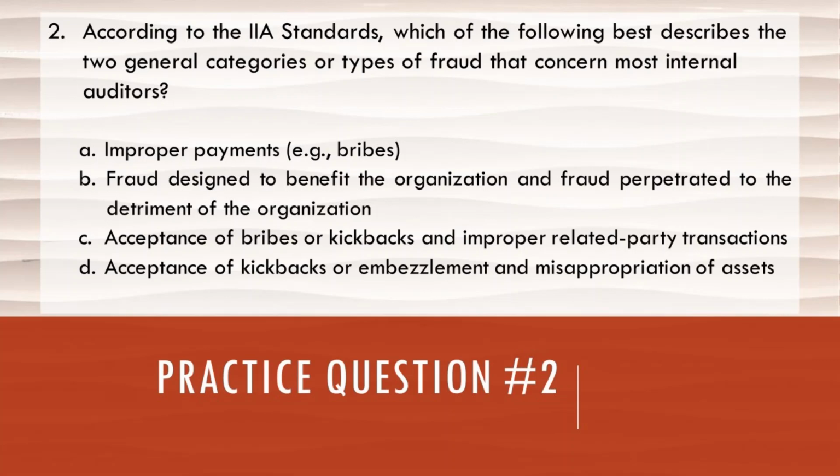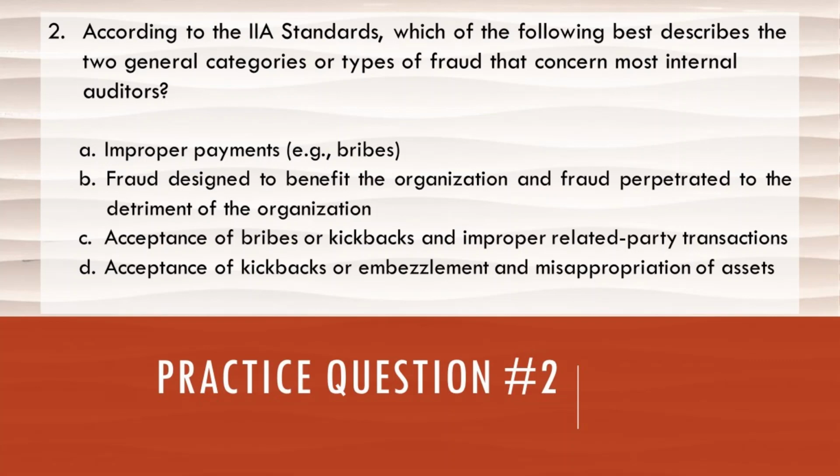Number 2, according to the IIA standards, which of the following best describes the 2 general categories or types of fraud that concern most internal auditors? A, improper payments such as bribes. B, fraud designed to benefit the organization and fraud perpetrated to the detriment of the organization.